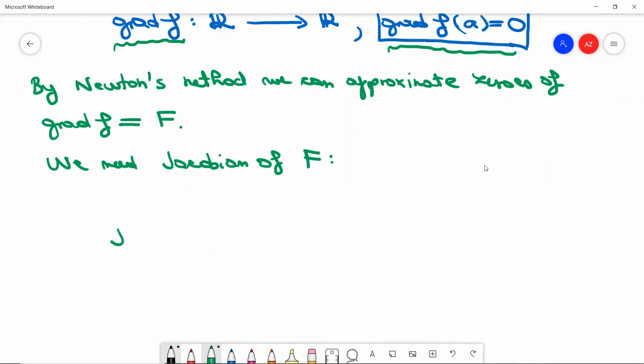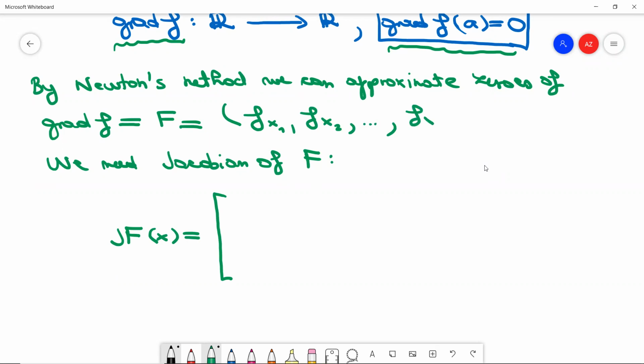So the Jacobian of F in the point X. This is a matrix. So this capital F is a vector function with coordinate functions, and we take the derivative with respect to x1, then the derivative with respect to x2, and so on.